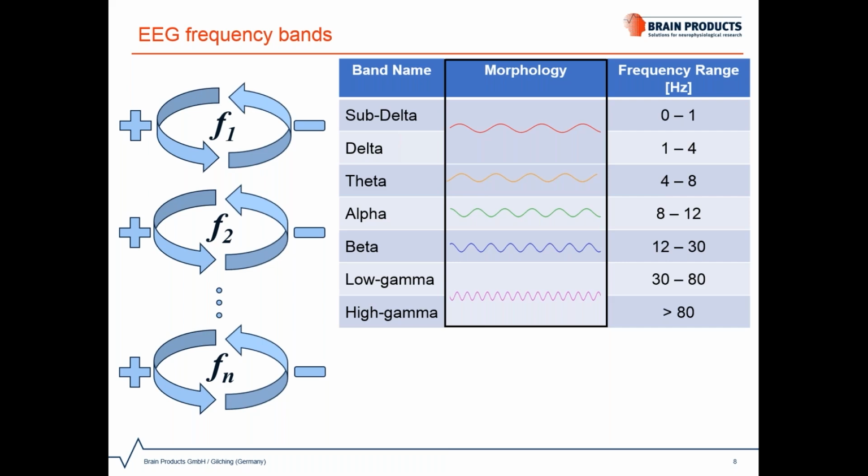And the definition of their respective frequency range varies from publication to publication. There are also publications that define frequency bands based on the individual alpha frequency of each subject.